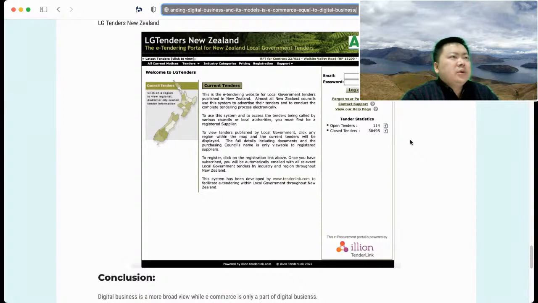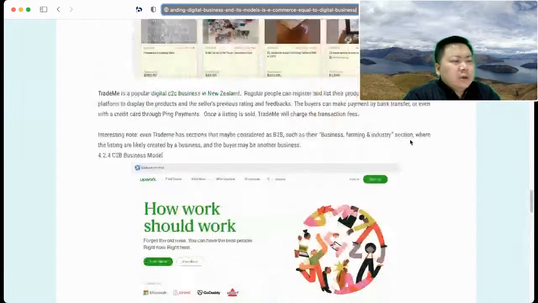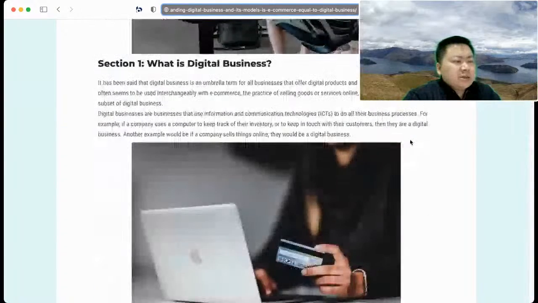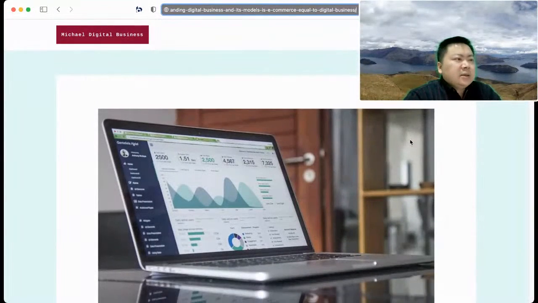Sometimes a company will be one type of business model, while at the same time another section of the company may be offering another type of business model. But they will certainly have a main focus. And that's all for what I've learned about digital business models.